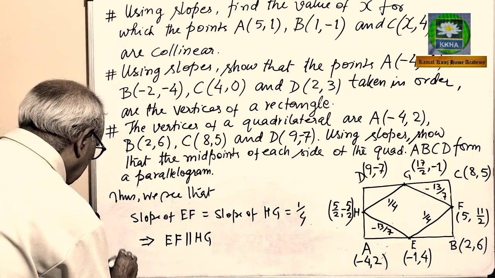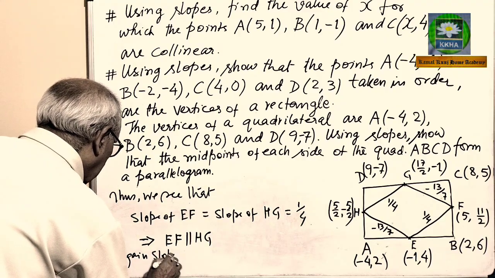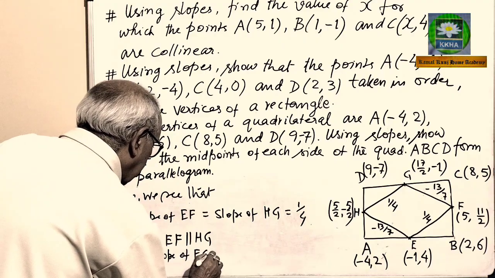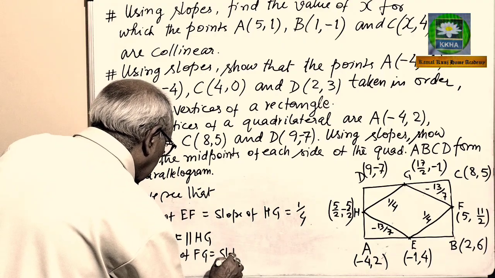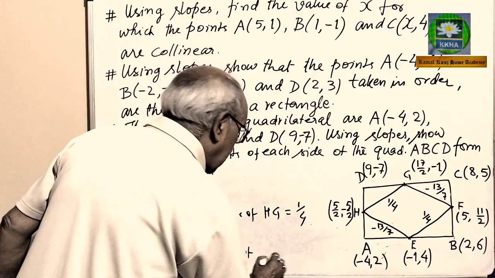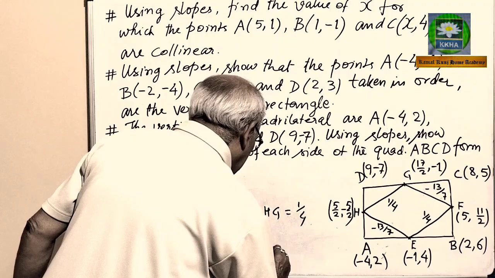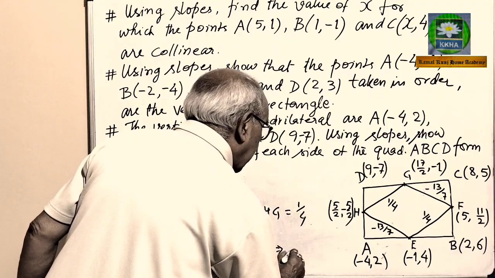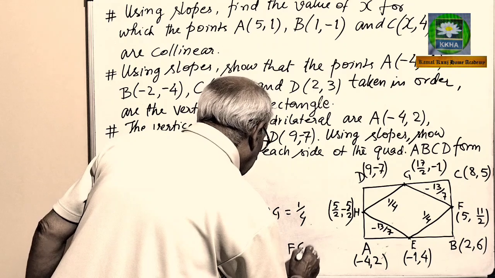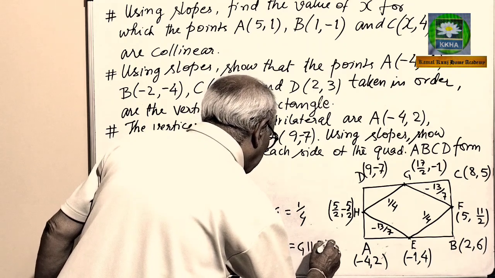Again, slope of FG is equal to slope of EH. This implies that FG is parallel to EH.